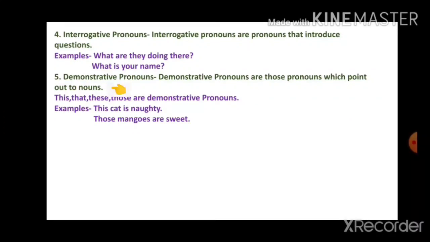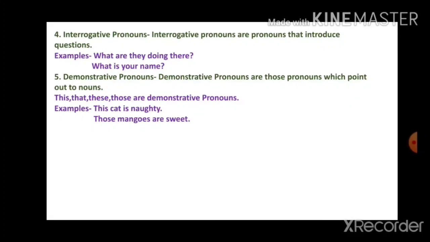Demonstrative pronouns are those pronouns which point out to nouns, like this girl, that boy, these pencils, those apples. For example, this cat is naughty, those mangoes are sweet. Here this is demonstrative and those is demonstrative.